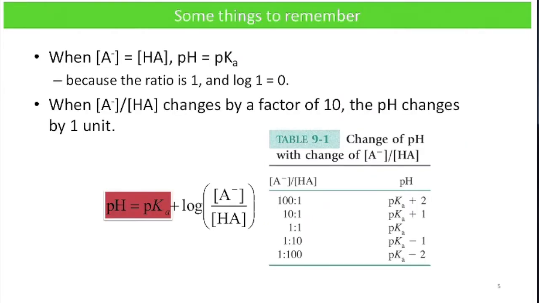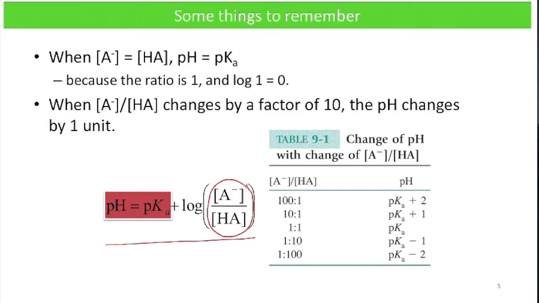So let's look at the Henderson-Hasselbalch equation and assume that we have equal concentrations of both the weak acid and the weak base in this buffer. If we have equal concentrations of A- and HA, that fraction is going to equal 1. And what's the log of 1? The log of 1 is 0.